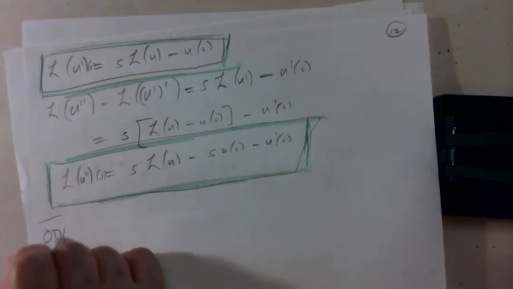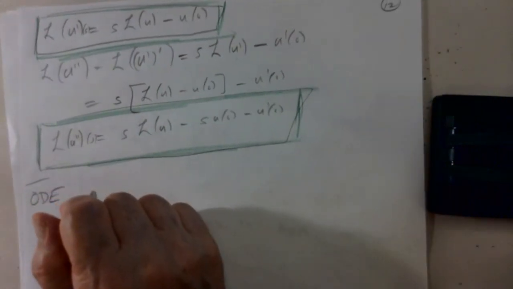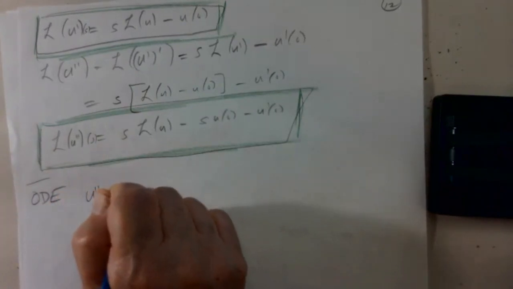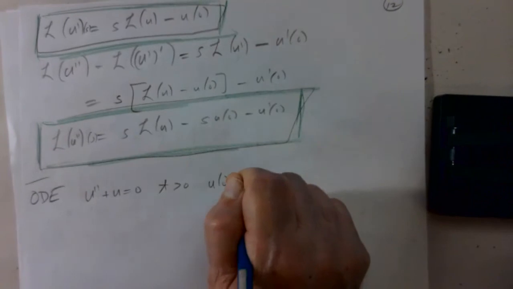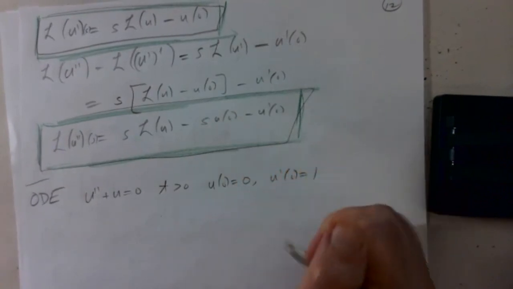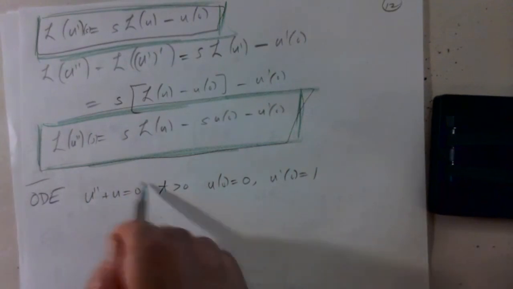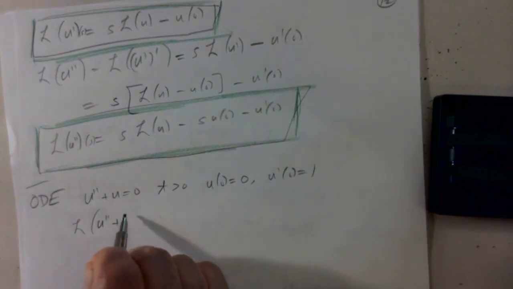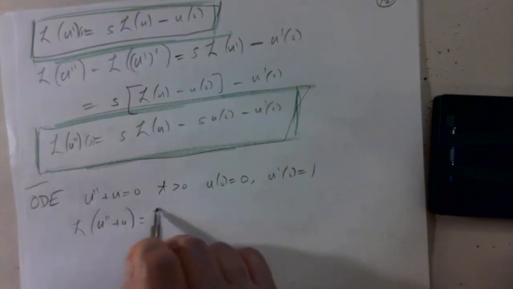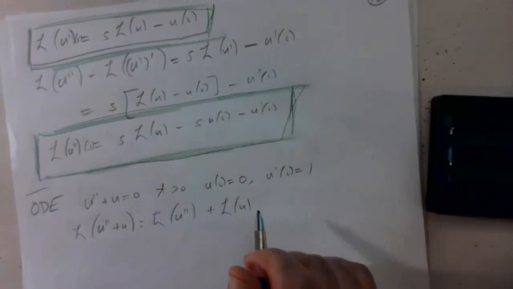Consider the following ordinary differential equation. So u is just a function of t, and u double prime plus u equals 0 for t greater than 0, with the initial conditions u of 0 equals 0, u prime of 0 equals 1. Let's take the Laplace transform of this. The Laplace transform of u double prime plus u, well, this is a linear operator, so this is the Laplace transform of u double prime plus the Laplace transform of u.